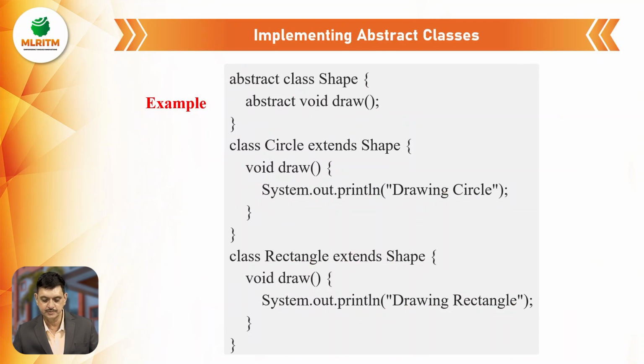For example, if you create an abstract class Shape, it contains an abstract draw method, which is supposed to be implemented by whatever child classes are created from this class using the keyword extends. So we created a child class called Circle from this Shape.